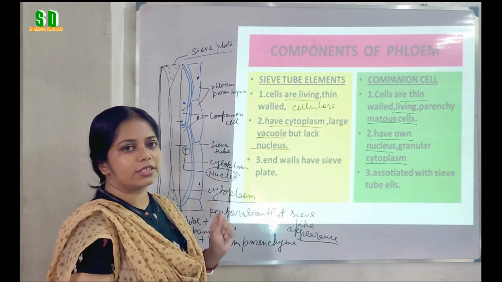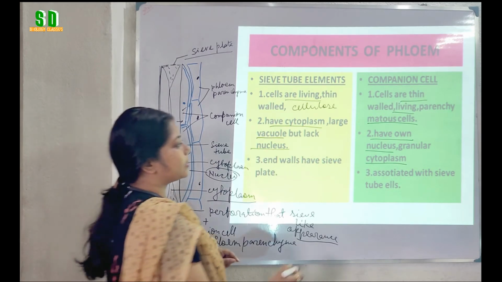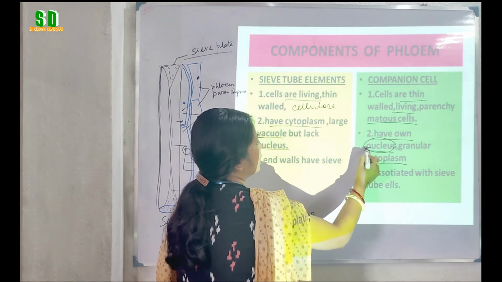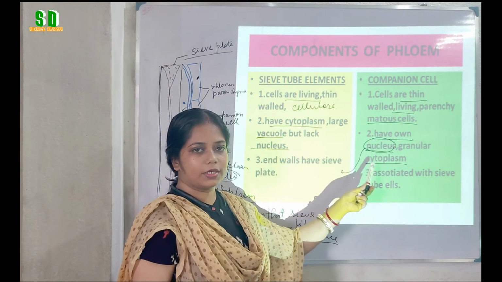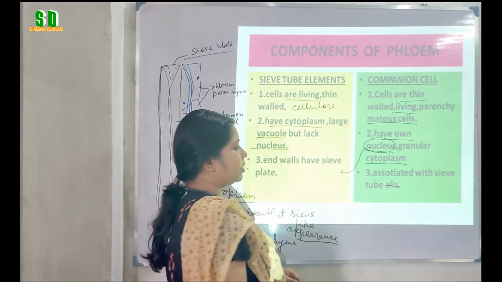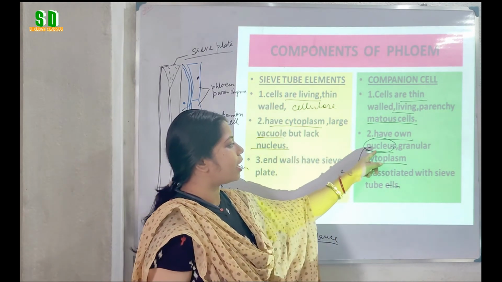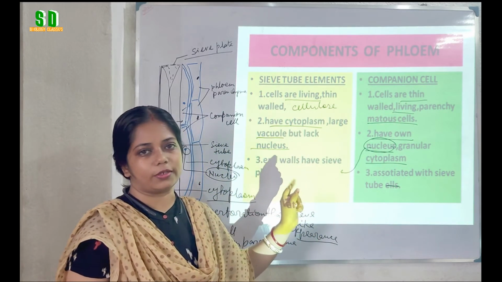They are associated with the sieve tube, and as they have their own nucleus, they control the function of the sieve tube also. So the companion cell remains attached to the sieve tube element, and it has its own nucleus that controls the function of the sieve tube element.